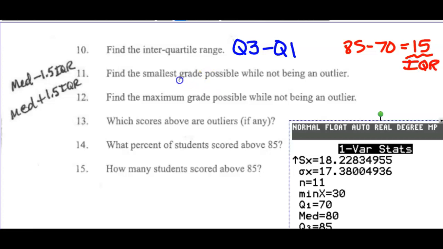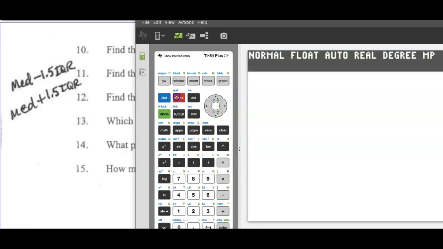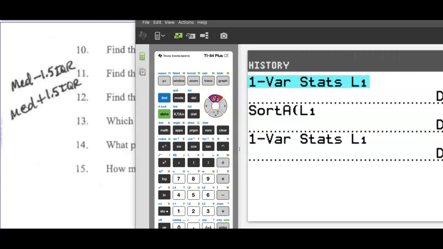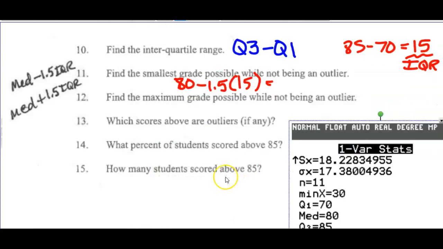So the median was 80 minus 1.5 times 15, which, there it is. It's 57.5. So anything below 57.5 is an outlier.